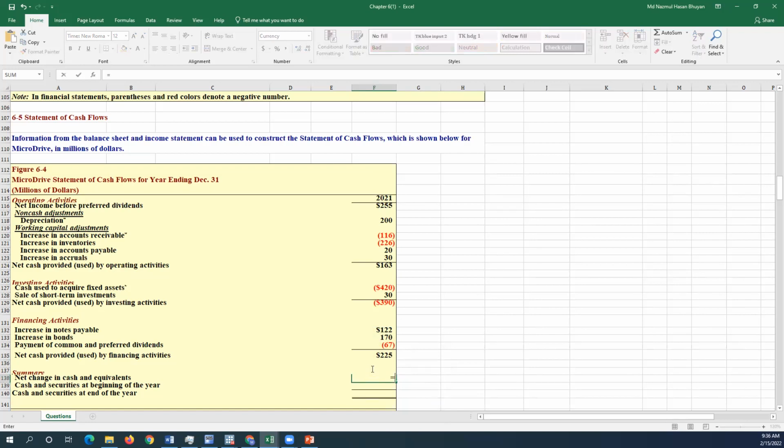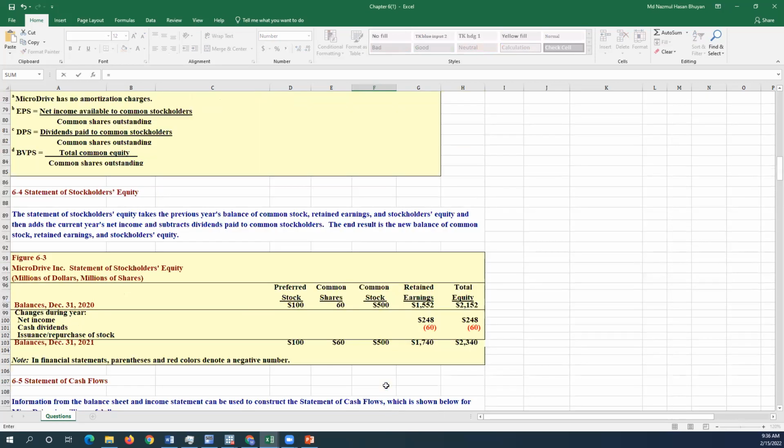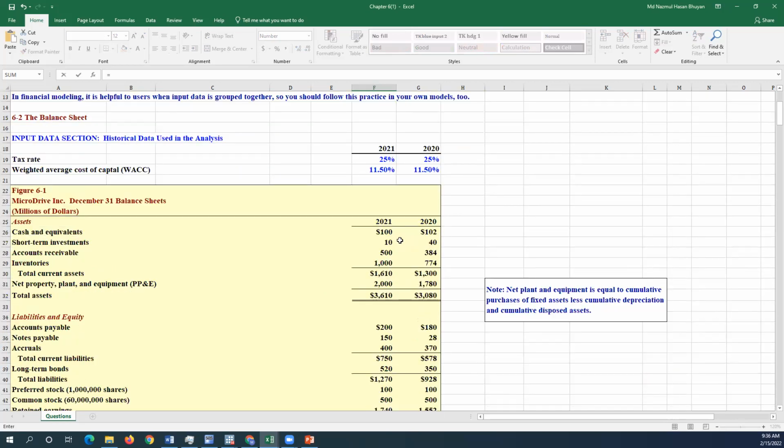Okay. Now let us see the net changes in cash and cash equivalents during the year 2021. So add up all the cash flows provided by operating activities, investing activities, and financing activities. Then let us also include beginning balance of our cash and cash equivalents.